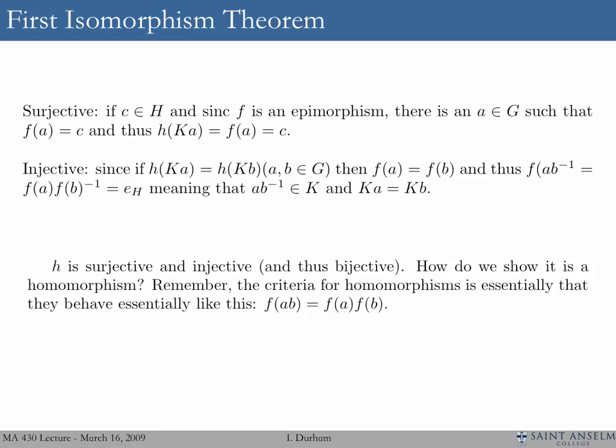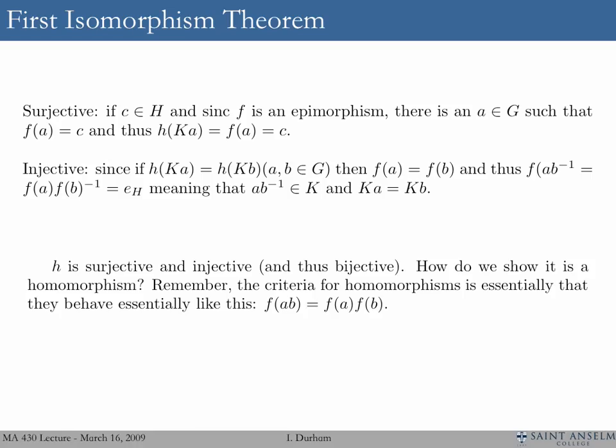And we're saying that if f is an epimorphism, then f of a, we're just going to call it c. Forget about whatever it is. We'll just call it c. But that means that we also have to have another meat grinder where we drop Ka in. This meat grinder is called h, and we drop Ka in, and that's equivalent, and we get h of Ka out. And it's got to be equal to c. Okay?